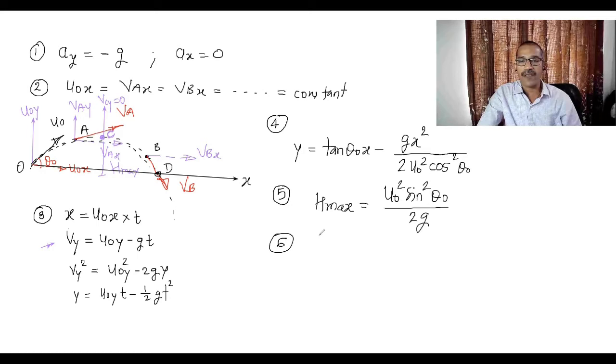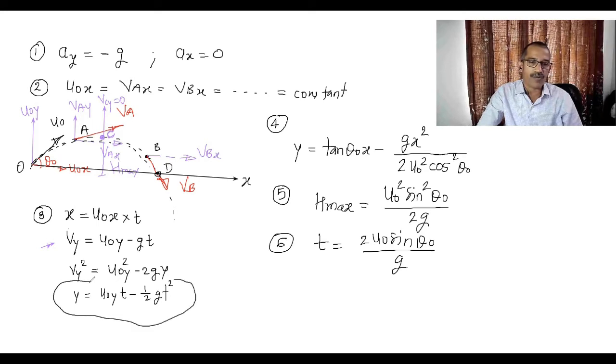The standard formula we get is 2u0 sine of theta 0 upon g. To find this t, O and D both lie on the same horizontal line, that means there is no vertical level difference. Therefore, simply in our last equation of motion y equal to u0y t minus half gt square, put y equal to 0 and you will get this formula.